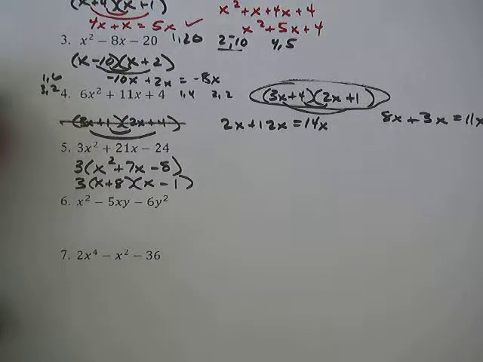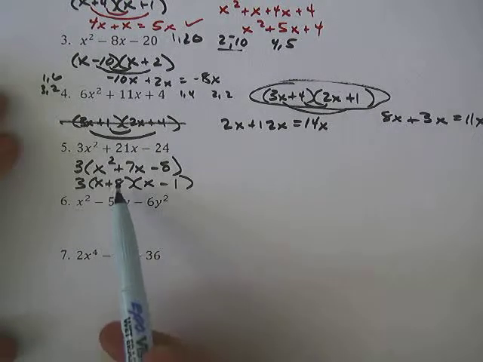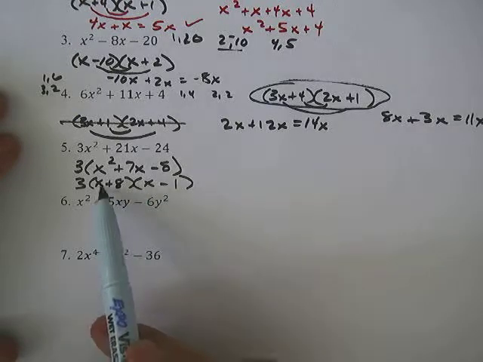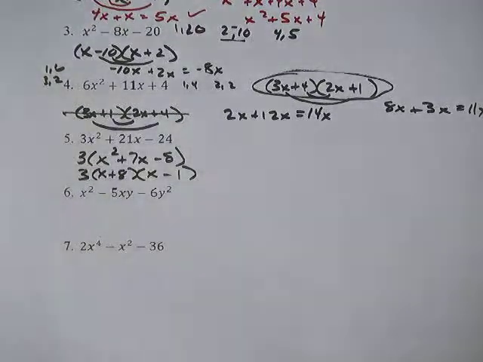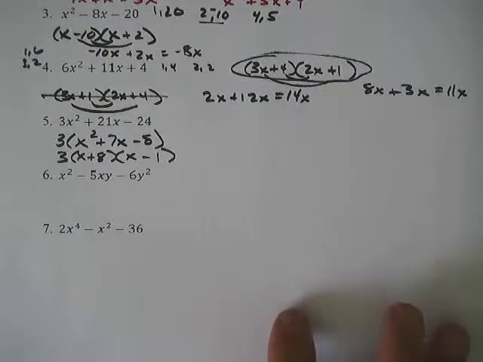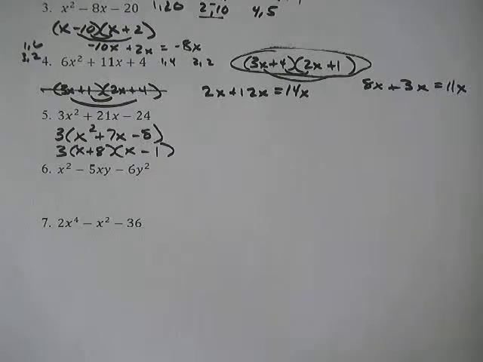So I would do this. So I do x plus 8, x minus 1. And again, if I check, inside is 8x, outside is negative x, add up to 7x. Okay, so far so good. Well, let's keep moving.